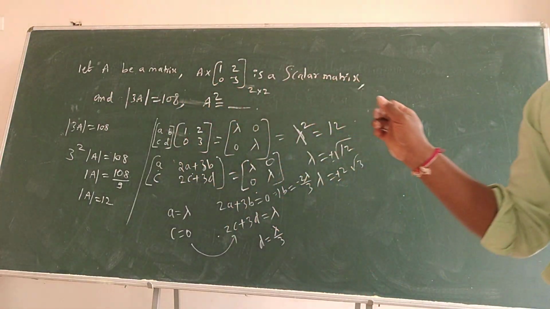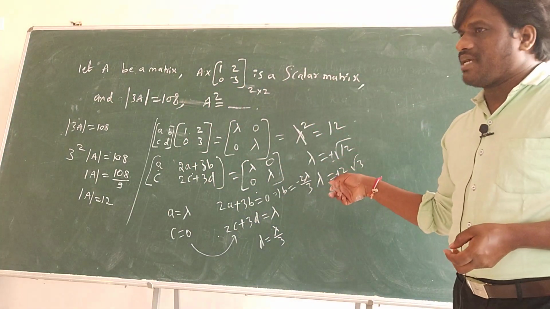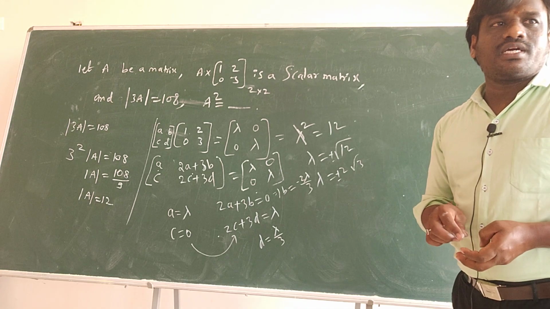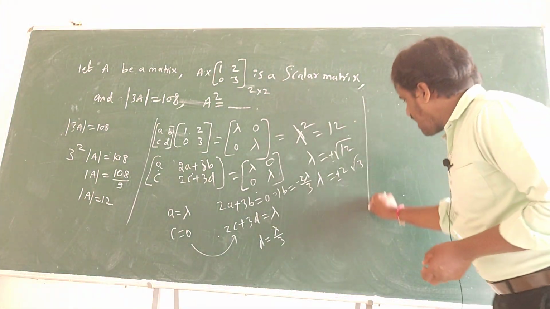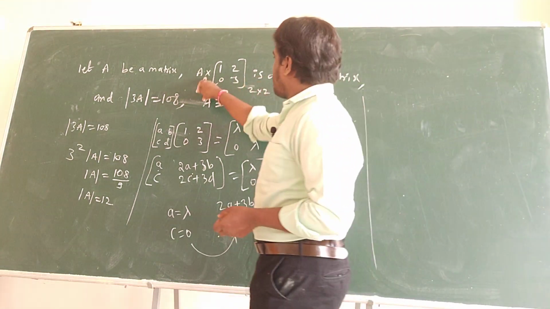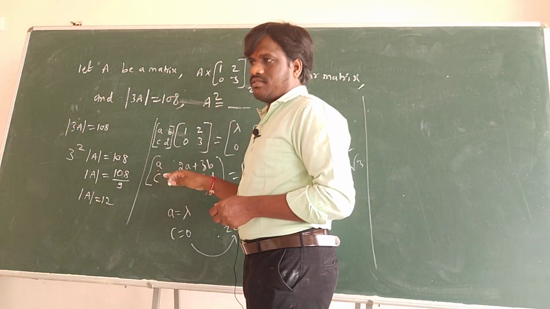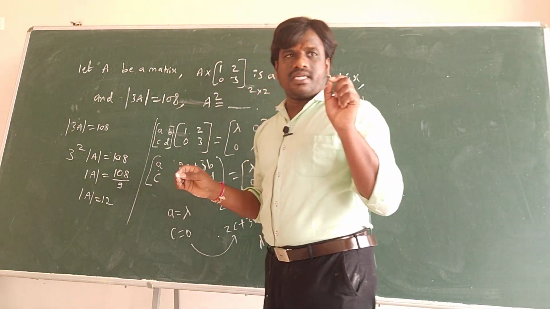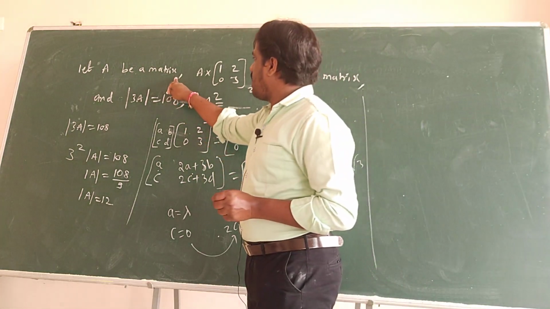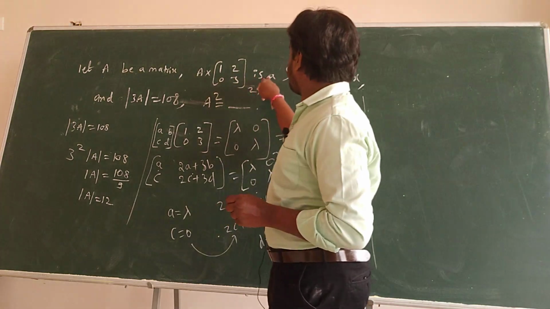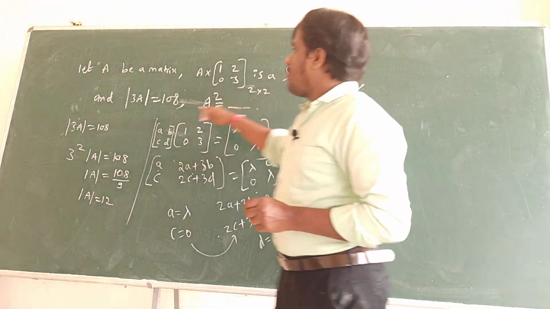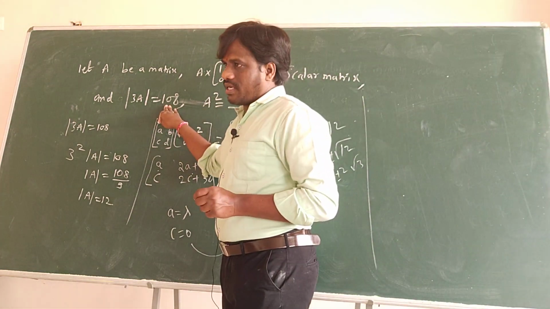A matrix you will get. After that what you have to get? A square. So A is not a scalar. A matrix into this one is a scalar. So see the question, I repeat again. Let A be a matrix. A into this matrix is a scalar. Mod 3A is 108.